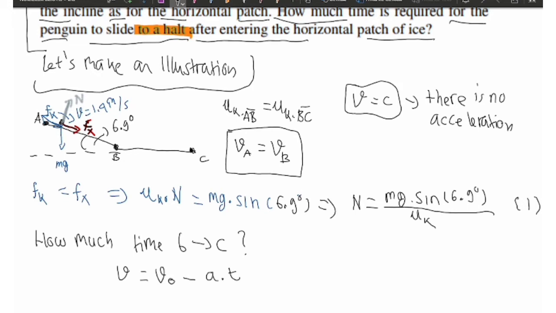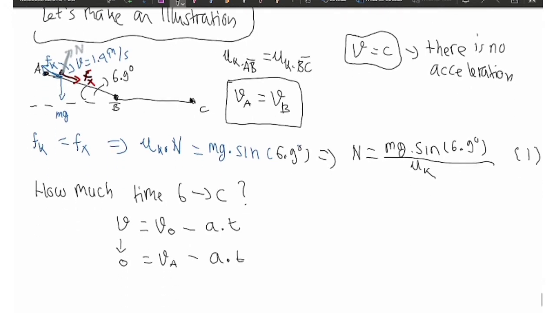If we connect this equation to this case, we get that v in this equation would be 0, and v0 in this equation would be v on b, that is va. So we can write 0 equals va minus a times t, or we can eliminate both sides with va.